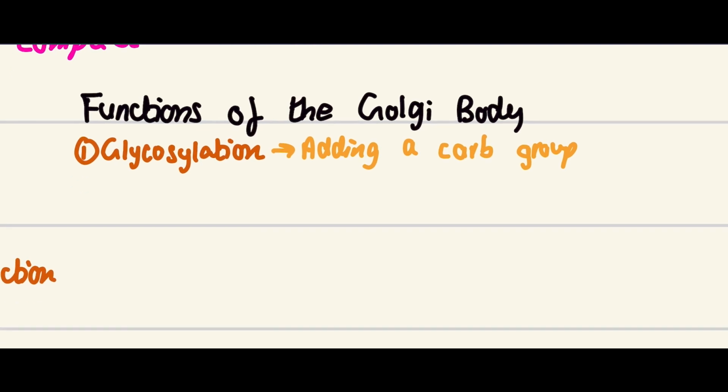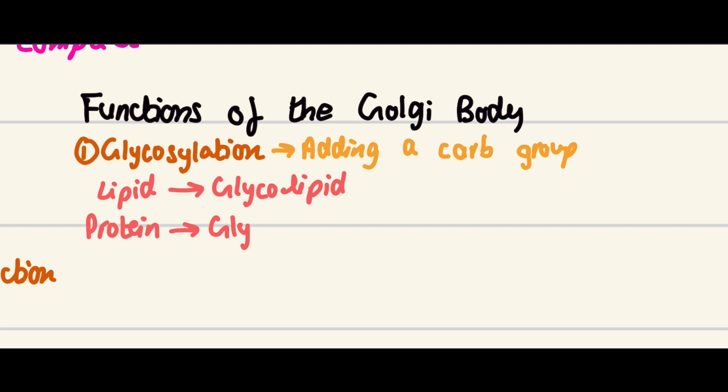If we have a lipid, that's going to be called a glycolipid. So I have a lipid coming from the smooth endoplasmic reticulum, it will be made into a glycolipid once it passes through the Golgi body. If I have a protein coming from the rough endoplasmic reticulum, it's going to be made into a glycoprotein. Pretty simple, right?